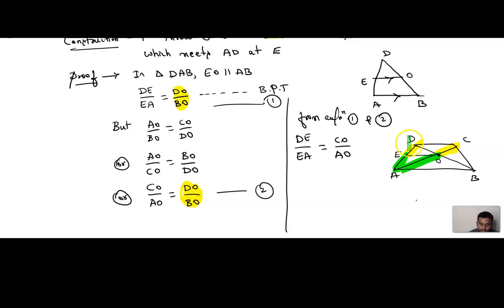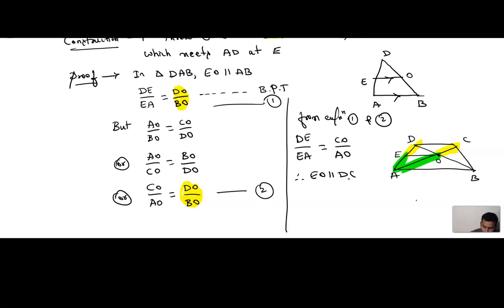Now this AD side is proportional to the CA side. These both sides are proportional. Then EO is parallel to CD or not? EO is parallel to CD. Correct, no, children? Therefore, EO is parallel to DC.